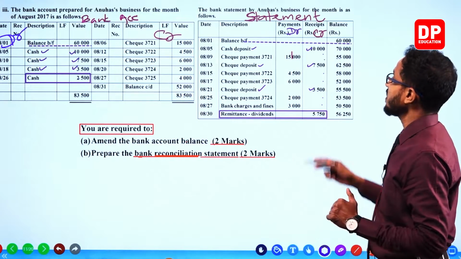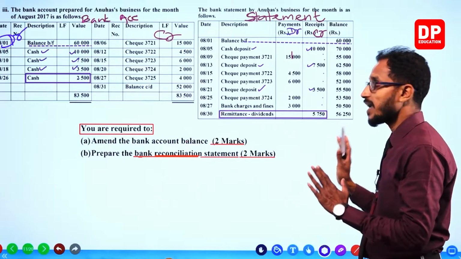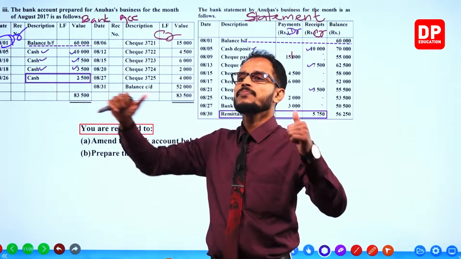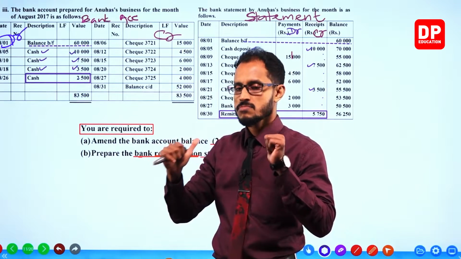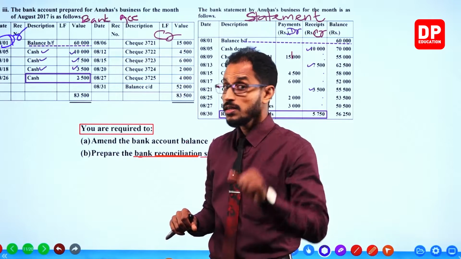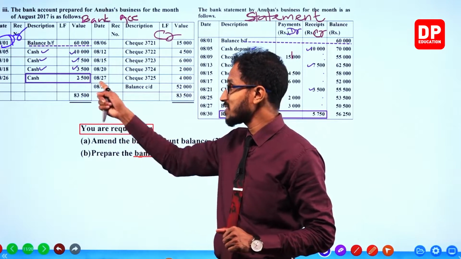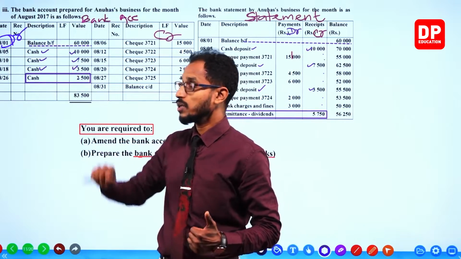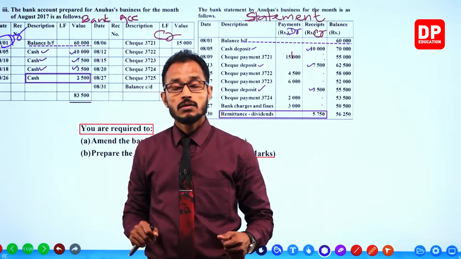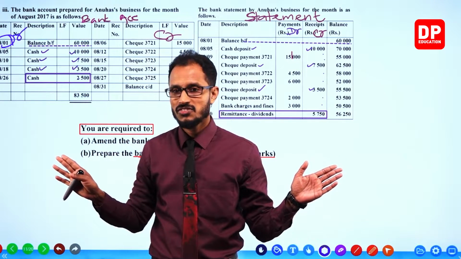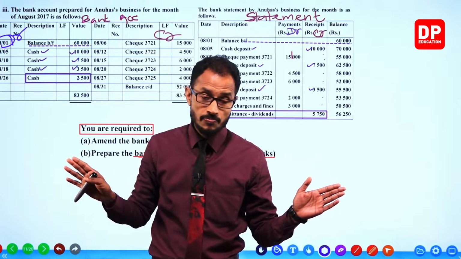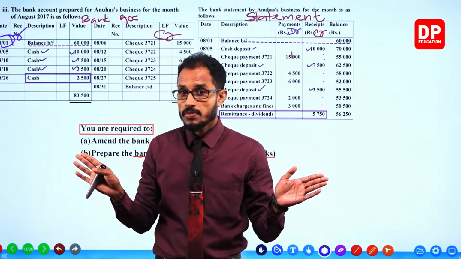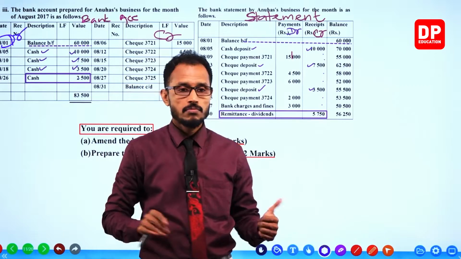Another item which is in the credit side of the statement, that is not appearing on the debit side of our bank account. These items which are missing on both sides, in our bank account and in the bank statement, if any items are not tallying, not commonly recorded, we are going to circle them, mark them.